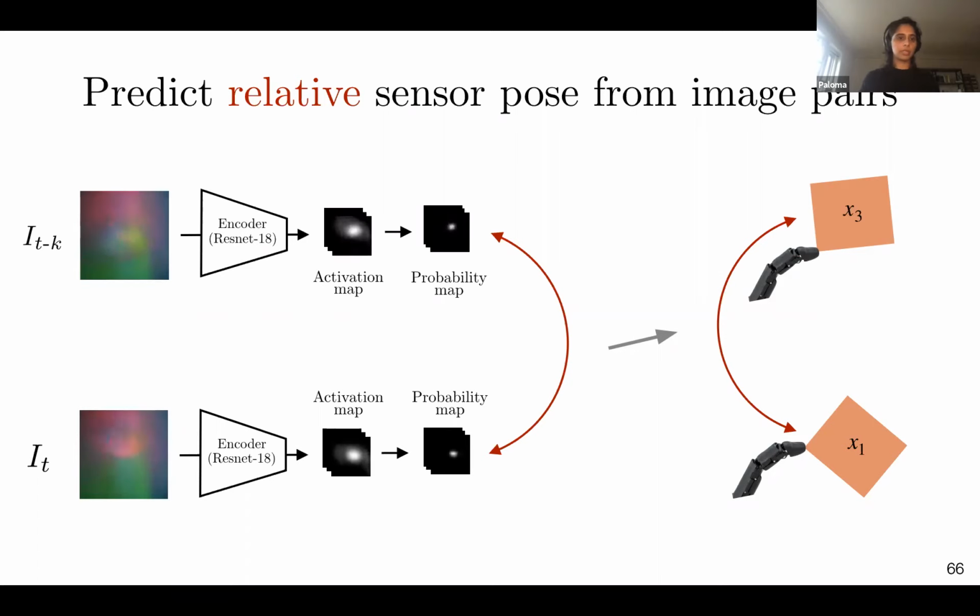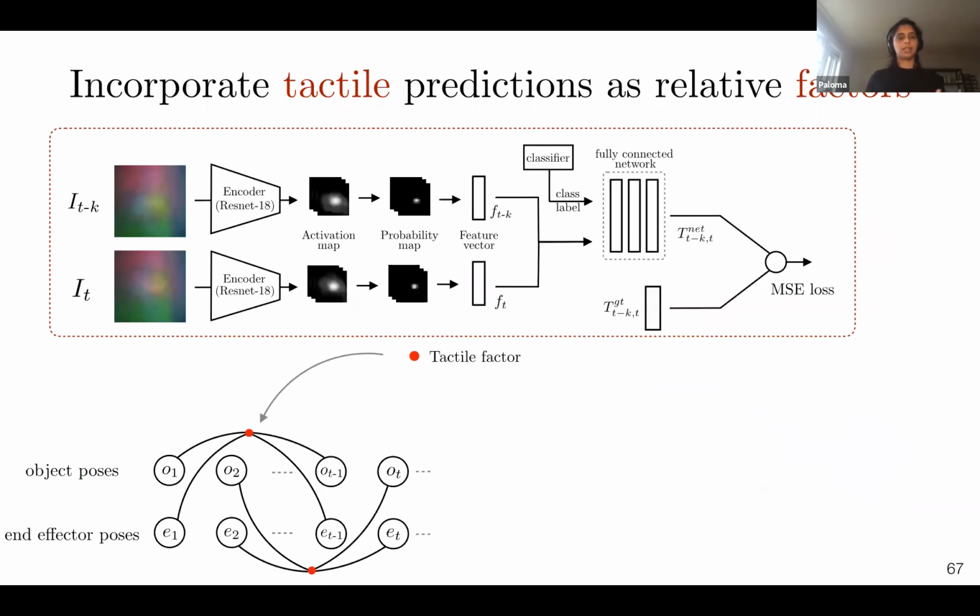We do this with ground truth supervision during training time, and then use the resulting predictions as relative factors between non-sequential poses during the factor graph inference.